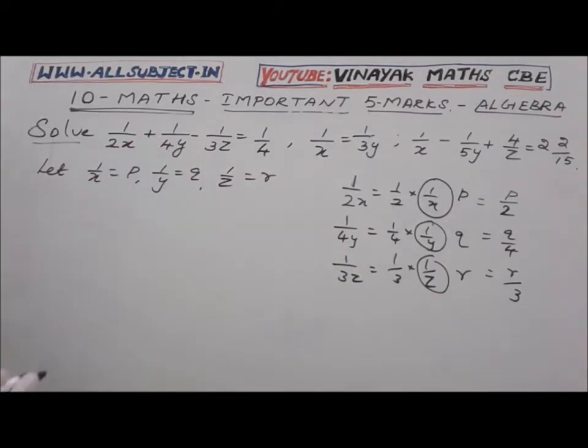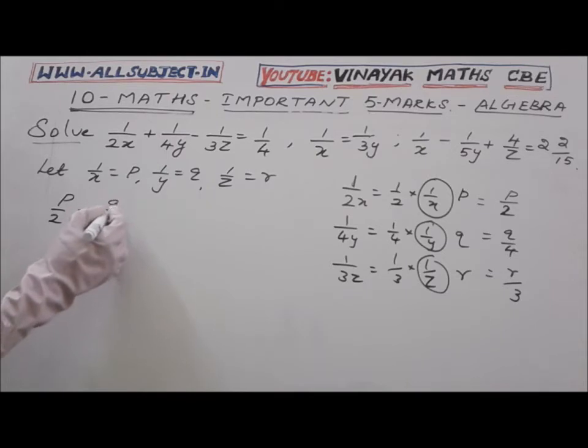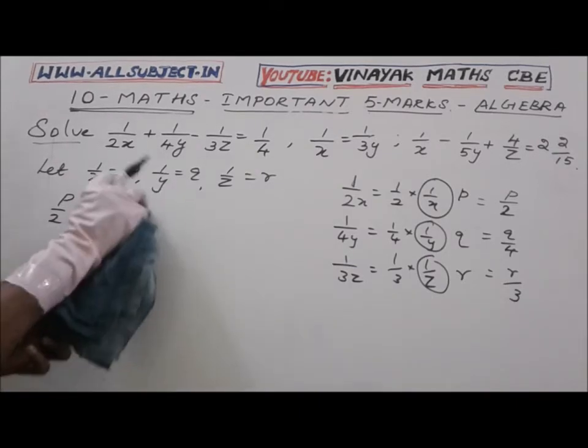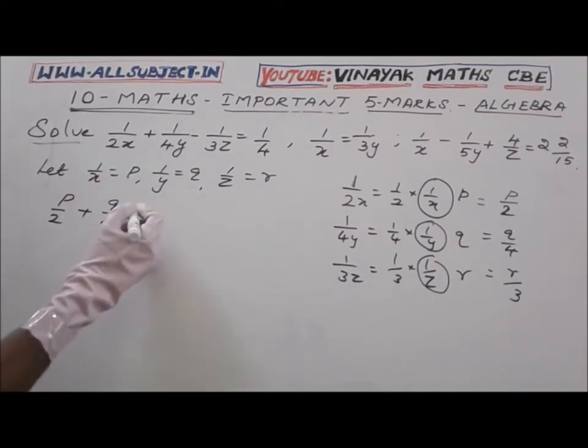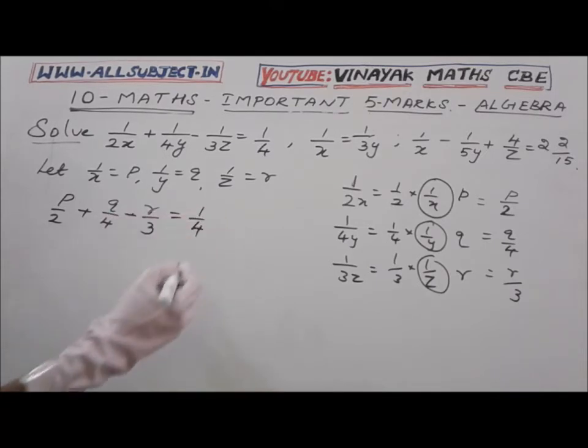The given equation turns into p by 2 plus 1 by 4 into 1 by y, that is q by 4, sorry, here minus is given, minus r by 3 equal to 1 by 4.